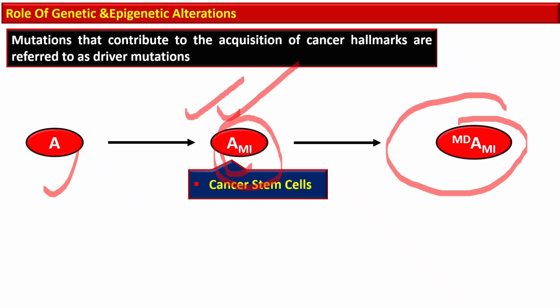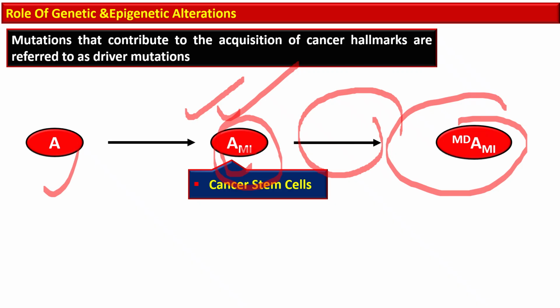So long-term persistence and self-renewability, which are the characteristics of a stem cell, are now present in the cancer cell that has got the initiating mutation. This is the cancer stem cell, and these cells serve as a reservoir for ongoing mutation accumulation over time. So a silent period before the clinical diagnosis is present.